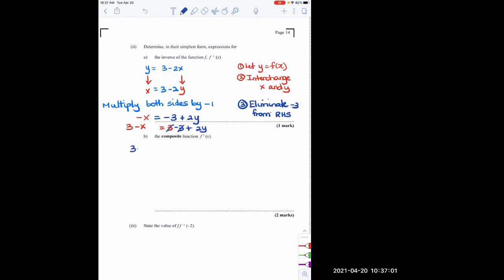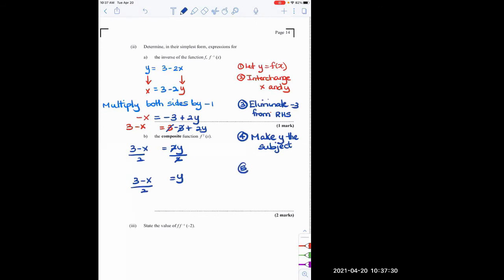So 3 minus x is equal to 2y. How do I make y the subject? What is the inverse of multiply by 2? Divide by 2. So y is 3 minus x over 2.